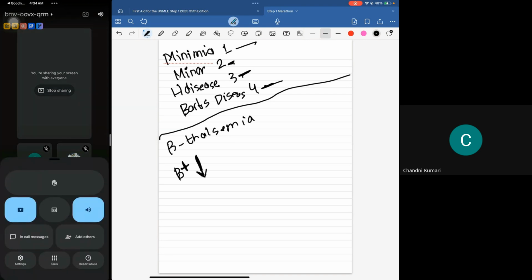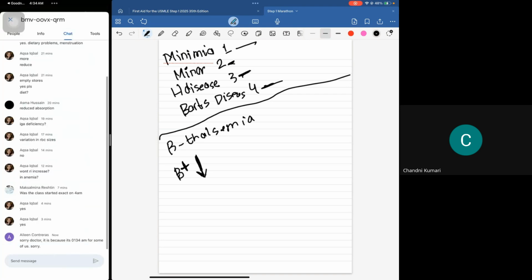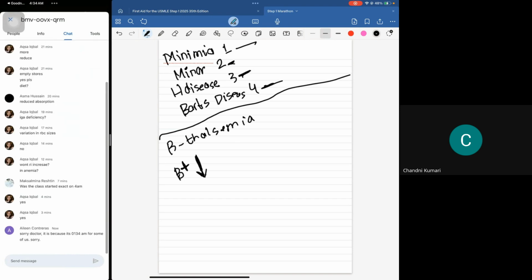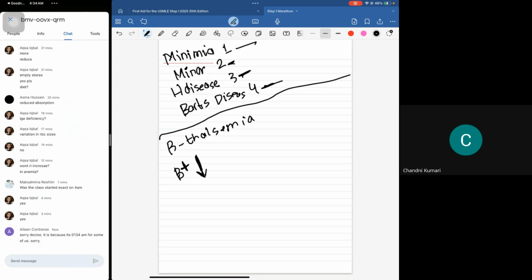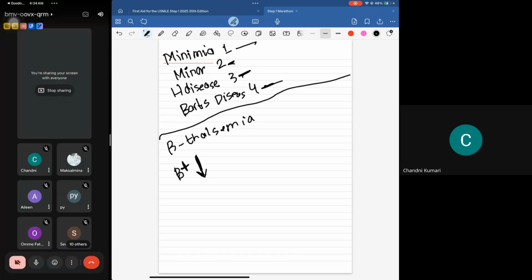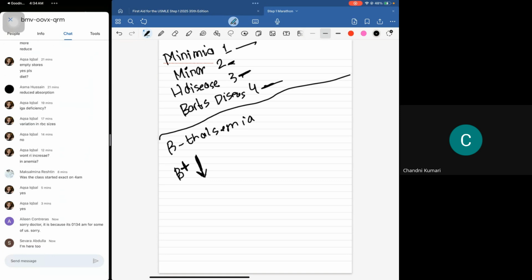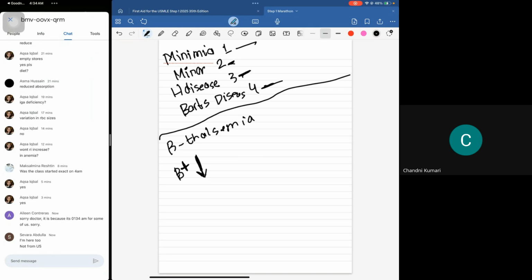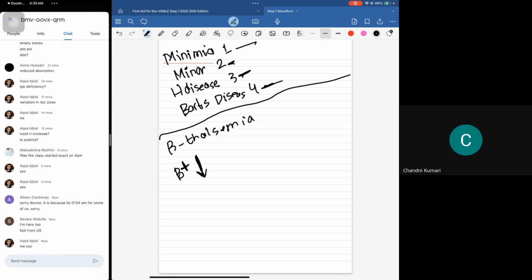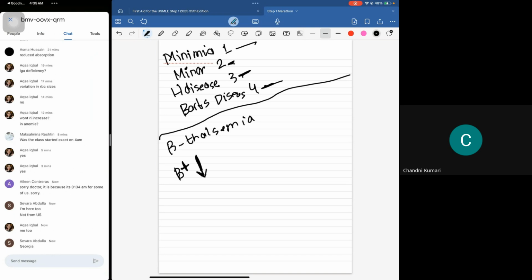Because it's 3:34 a.m. for some of us, sorry. What I wanted to do was include the Pakistani students and the Indian ones as well, but nobody came except for Asma only. Maybe some other one as well. I thought you were from the US.